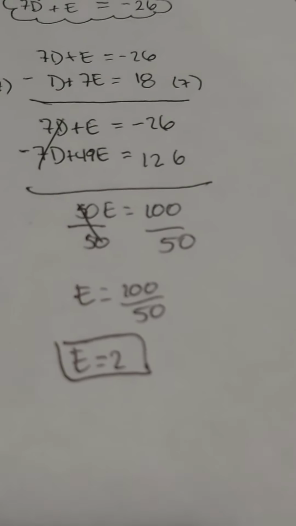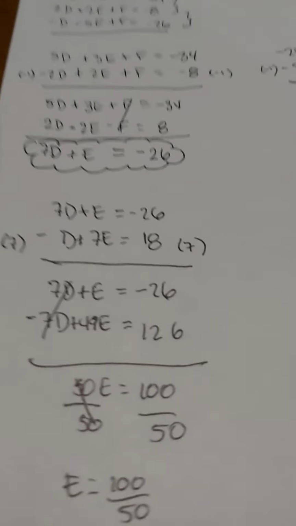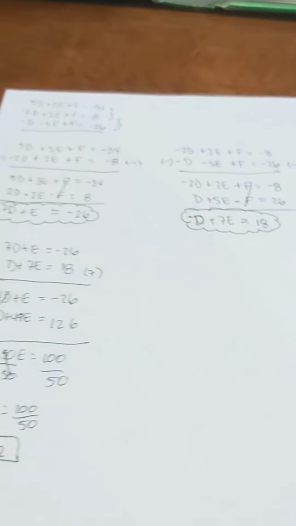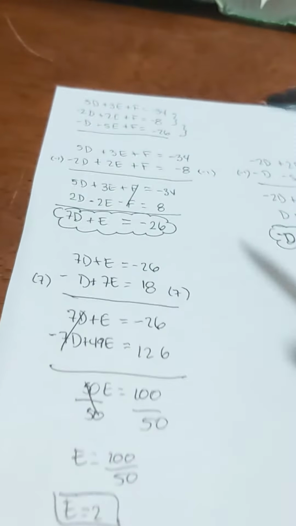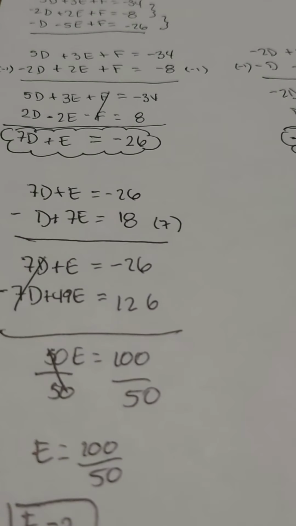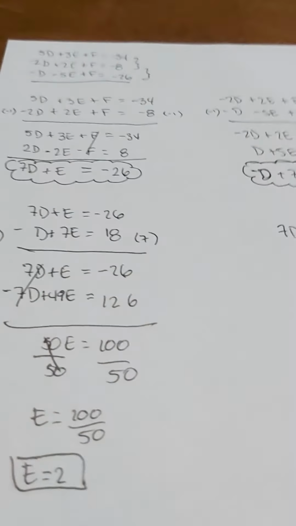Now let's find D. We choose one of these two equations. Any one, it doesn't matter. I'm going to choose the top one: 7D plus E equals negative 26.